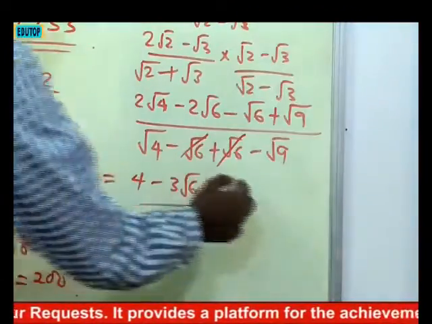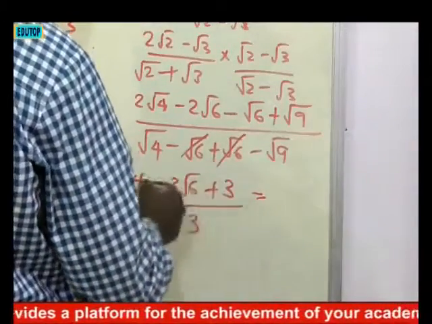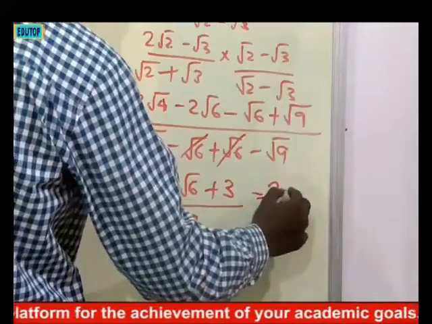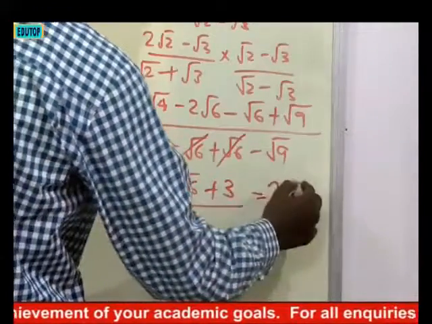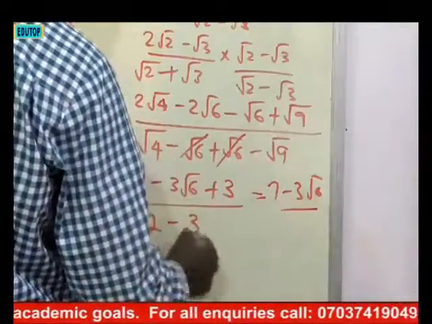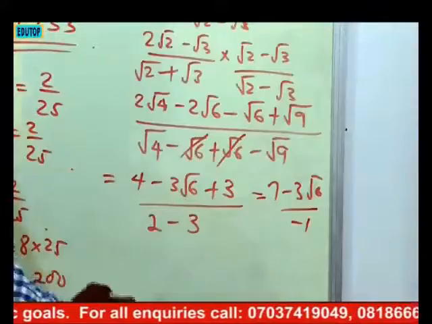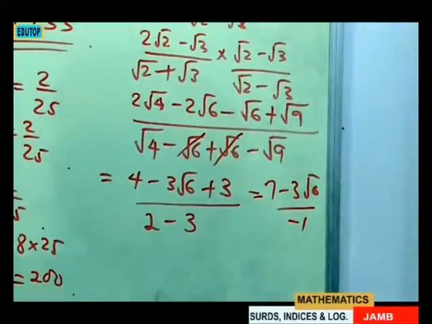So now, let me simplify this. 4 plus 3, that becomes 7. 7 minus 3 root 6 over 2 minus 3, that's minus 1. I don't know if the answer is left this way, but let's take a look at the options and see how we're going to restructure.